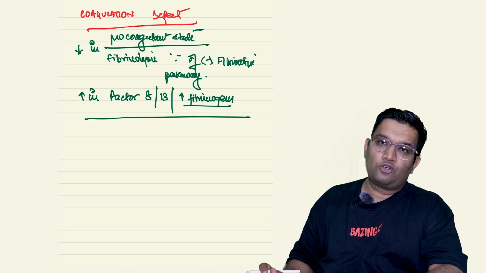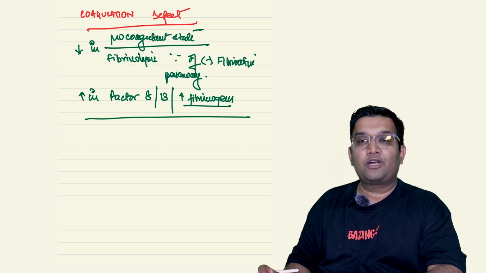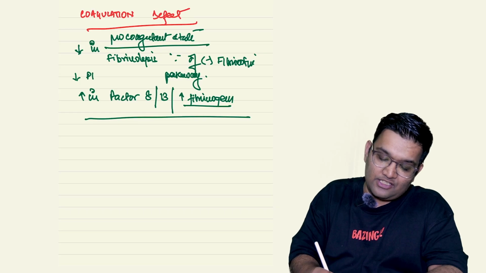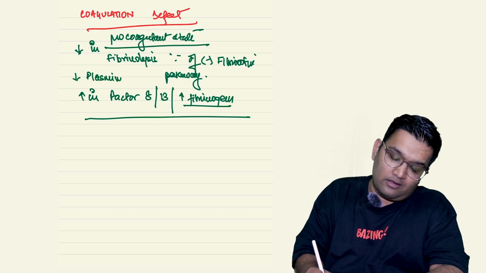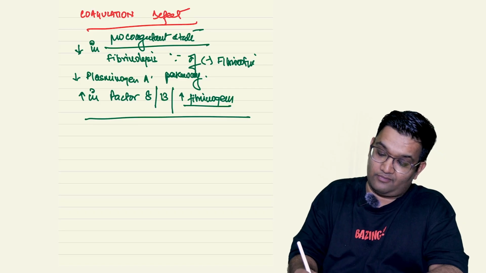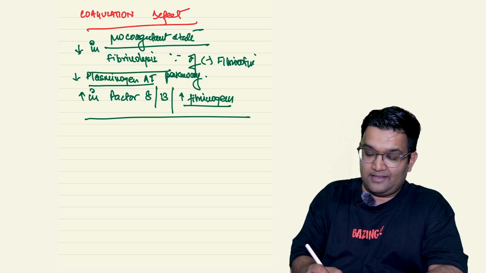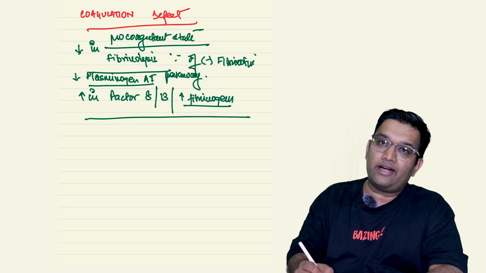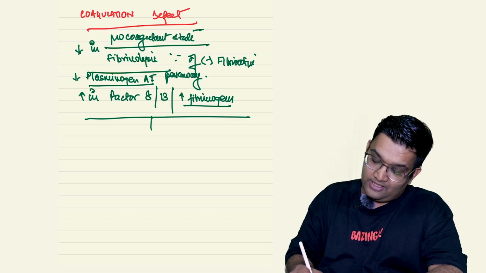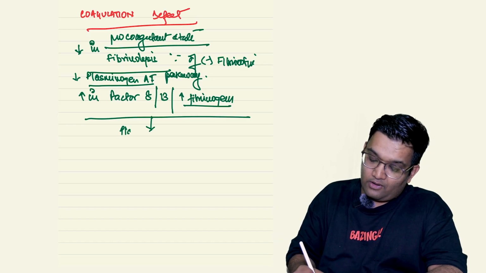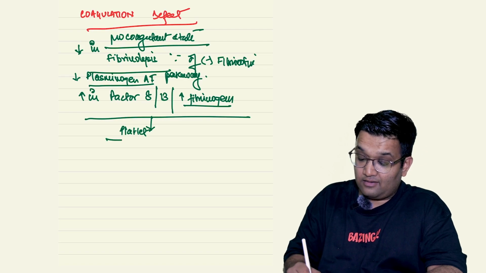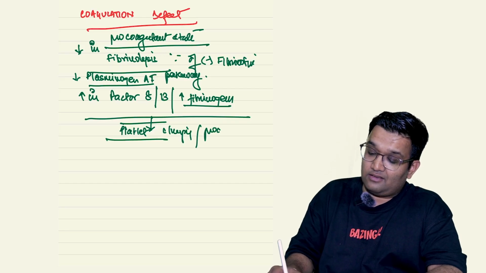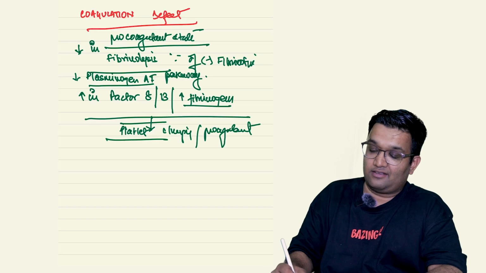In case of coagulation defect, there is reduction in the fibrinolytic pathway, where there is reduction in the plasminogen activator inhibitor. So this gets inhibited. So there is reduction in the fibrinolysis, while there is increase in the factor 8, factor 13 and fibrinogen. So this causes ultimately a platelet clumping or rather a procoagulant effect.